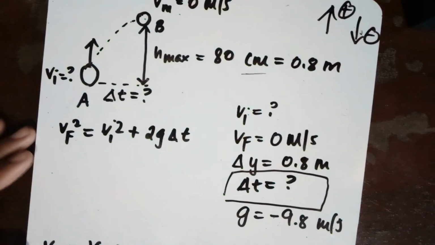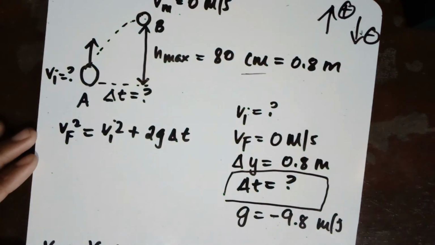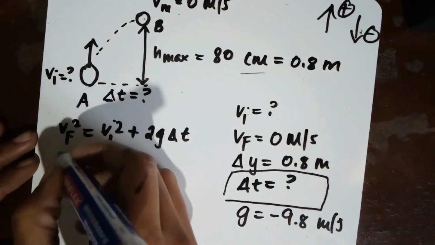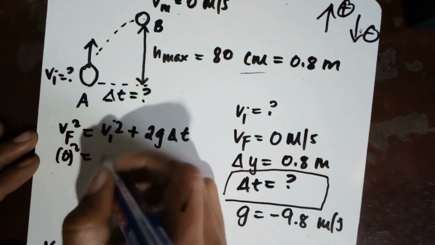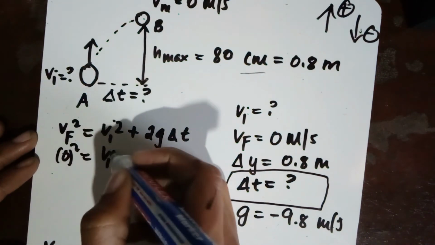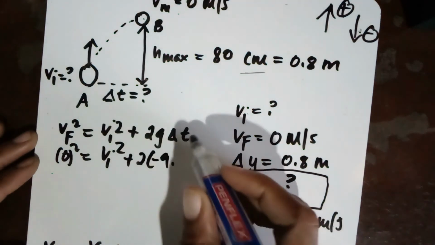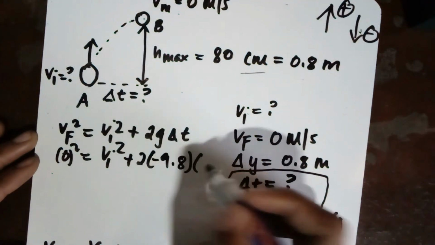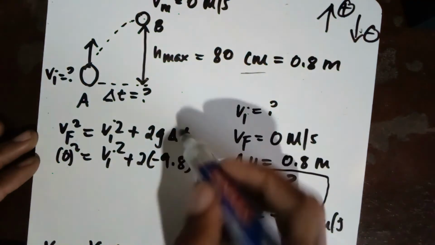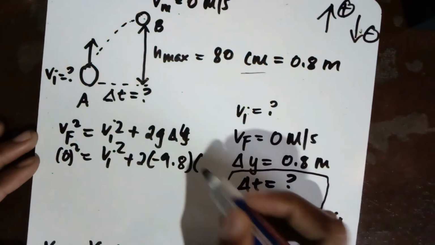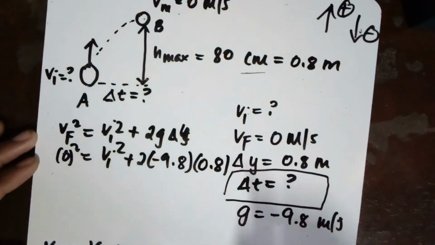Okay, so now we just have to substitute. Vf squared is going to be 0 squared, equals Vi squared, which we don't know, that's what we're looking for, plus 2 times negative 9.8 times the change in y, which is 0.8.